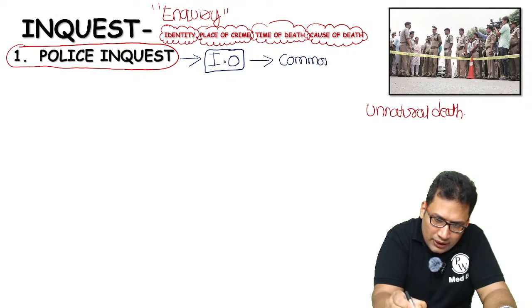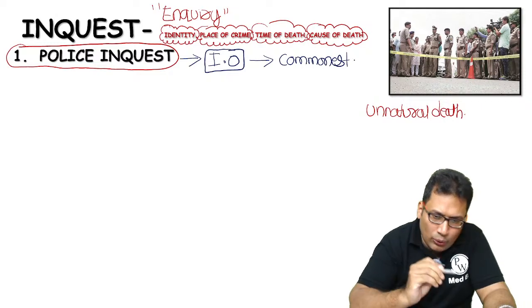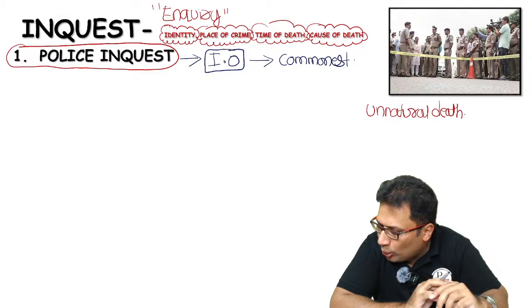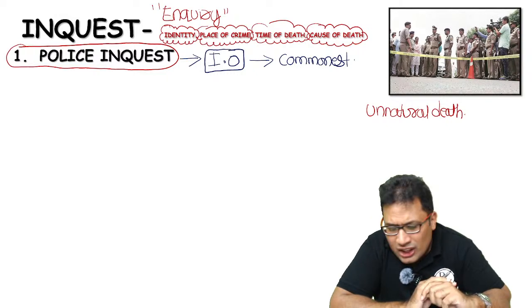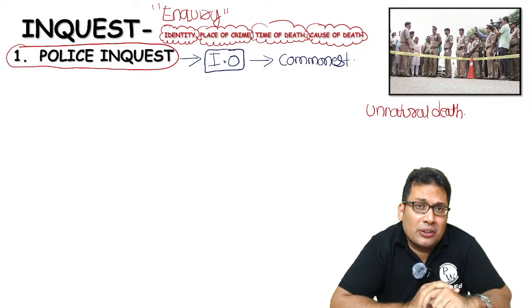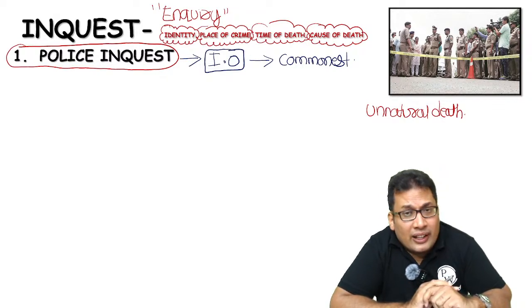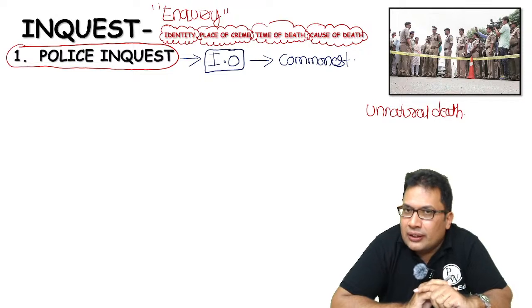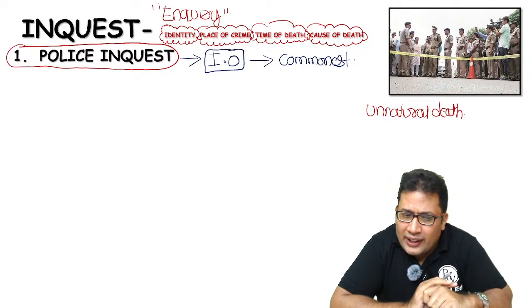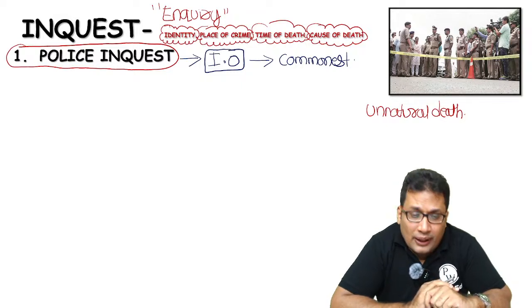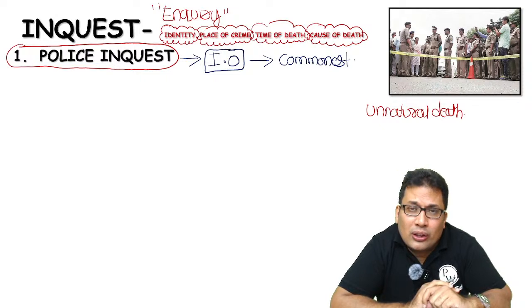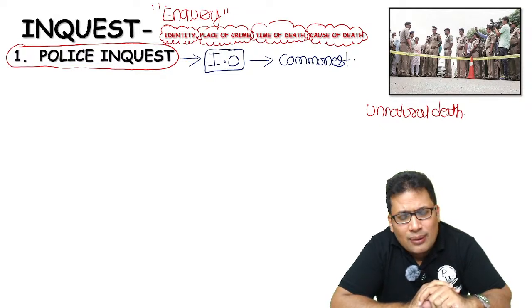Can you give an example for police inquest, guys? In police inquest, police officer, investigating officer, either sub inspector or head constable or ASI, they do visit the crime scene. They will try to identify identity of the person, place of crime, time of death. Sometime also they ask the doctor to find out the cause of death. So, that is the police inquest.